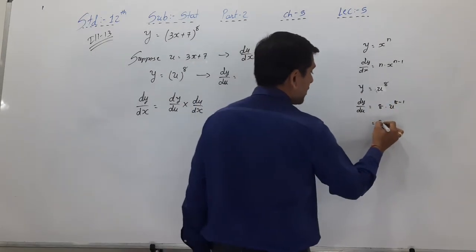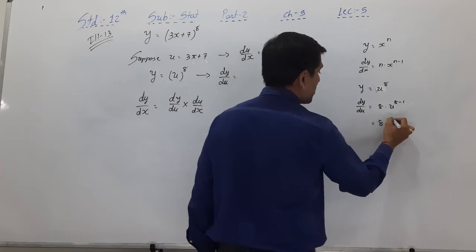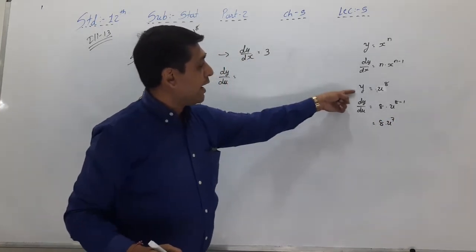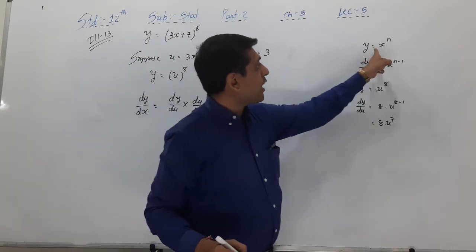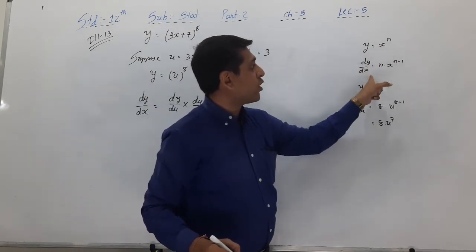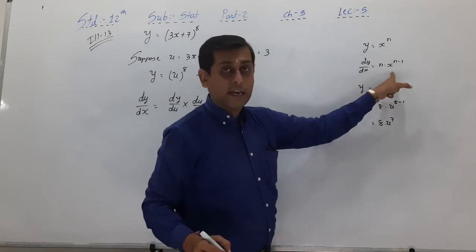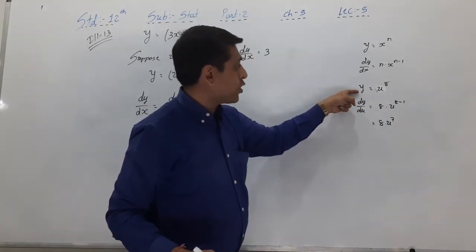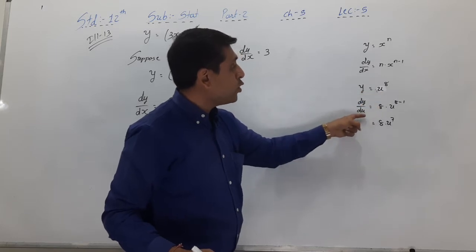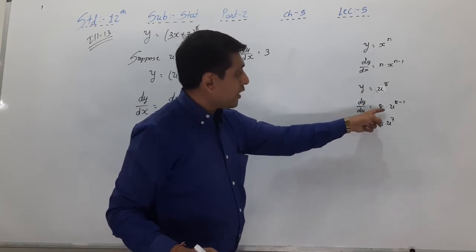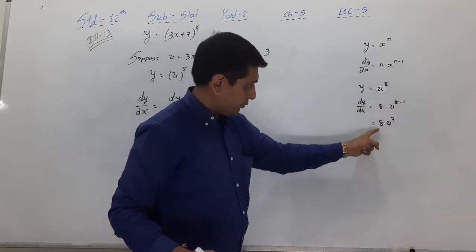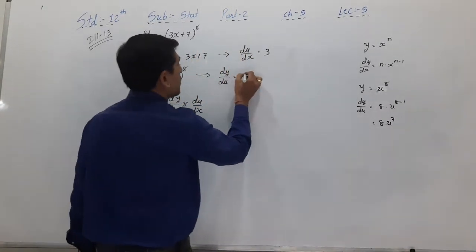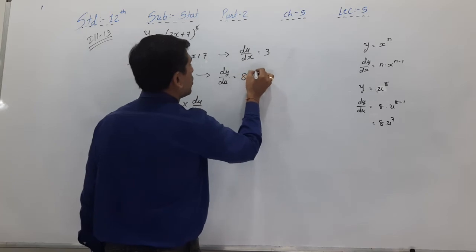So here the answer is 8 into u raised to 7. This is the formula, and here we are finding the differentiation with respect to x, that's why dy by dx. But here we have to find the differentiation of y with respect to u, that's why 8 into u raised to 8 minus 1, 8 into u raised to 7. So your dy by du is equal to 8 into u raised to 7.